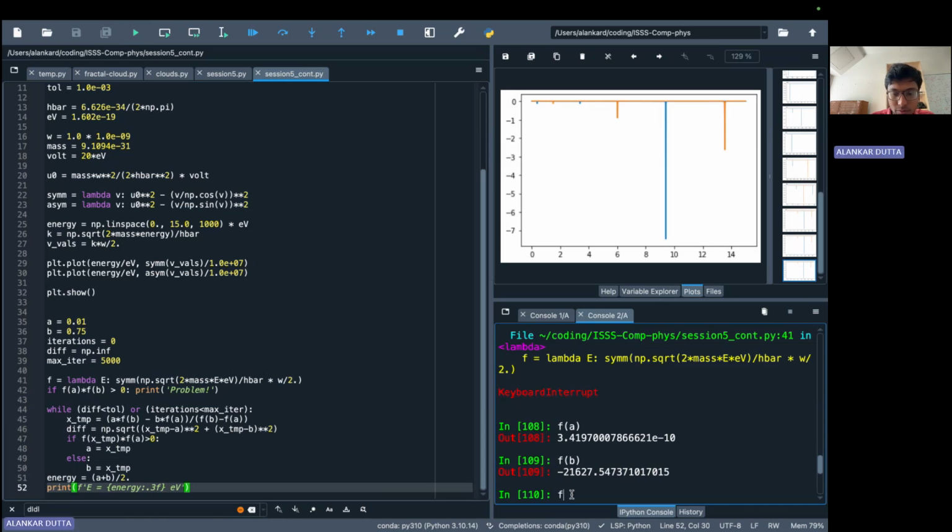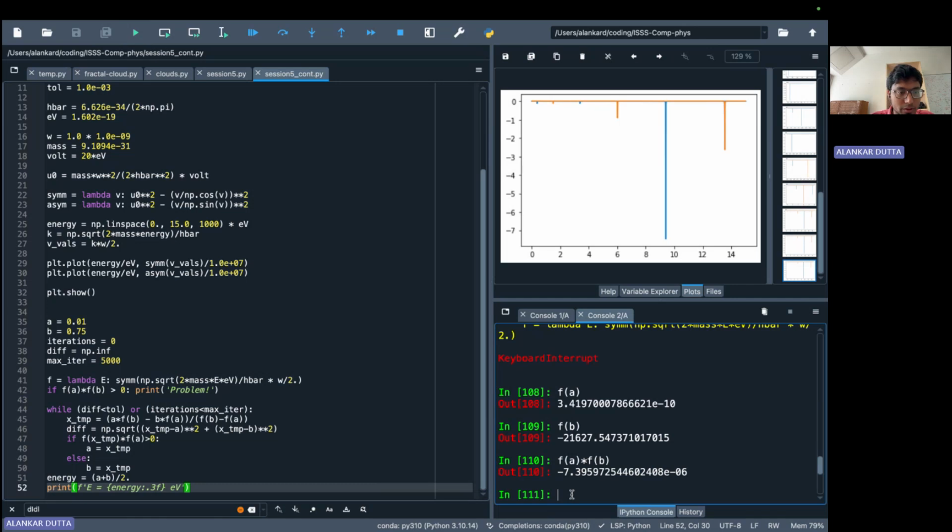Why does it say that though? f of A times f of B is not greater than 0.